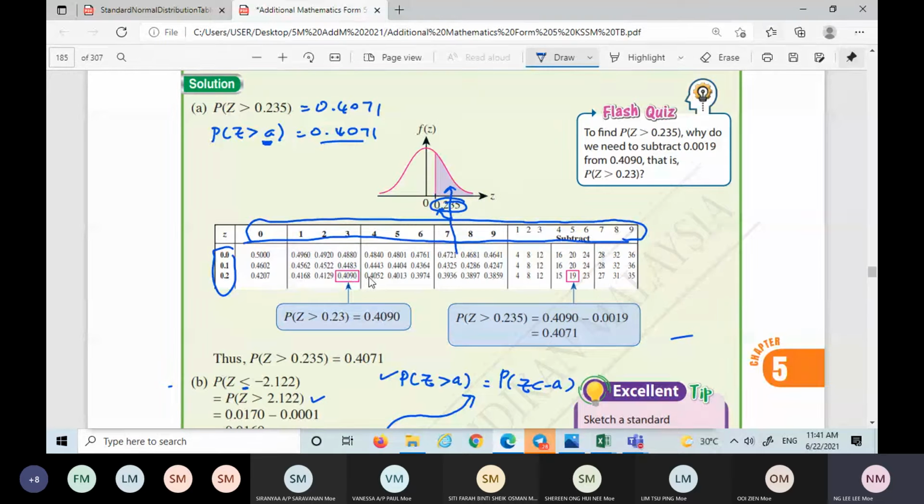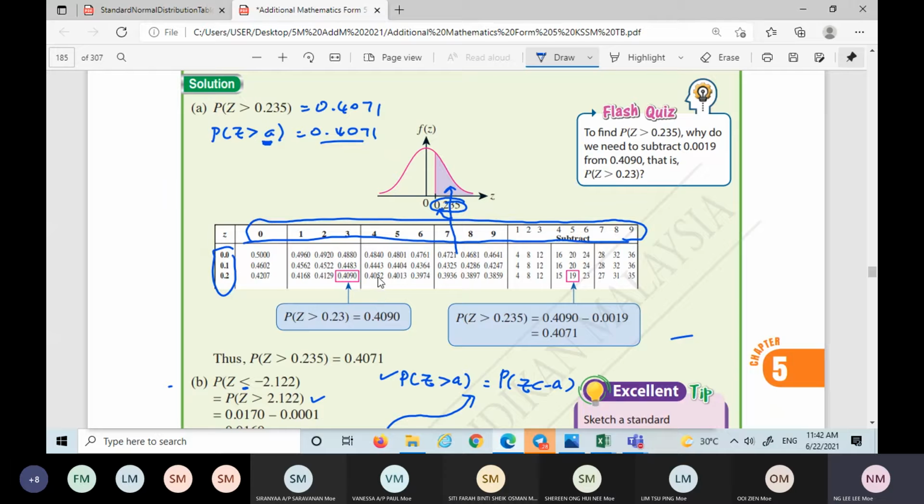This is not a hunt-and-search. It follows a sequence. So you see 4071. Here you have 42, here you have 38, so 4071 will be in between. 4168 is still bigger than this. 4129 is still bigger. 4090 is still a little bit bigger.